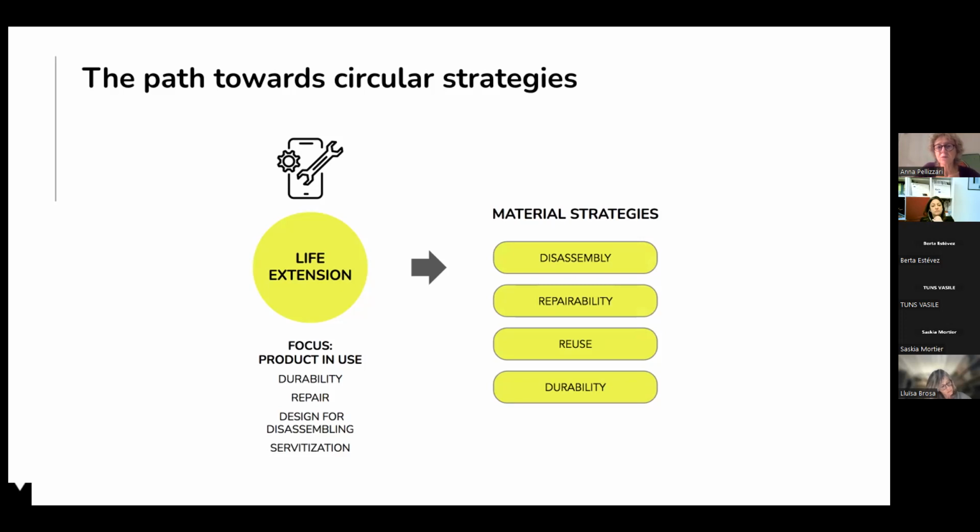Reuse and durability of goods. So it is, as you can see, a completely different approach compared to the first one, which is recycling: do it fast, recover materials. In this case, it's more about preventing materials from being recycled.